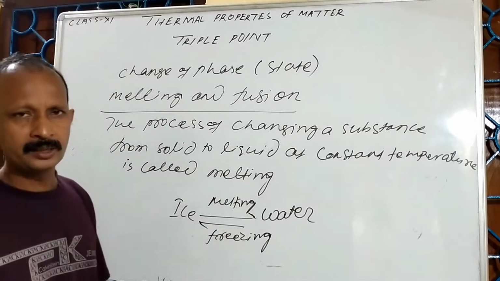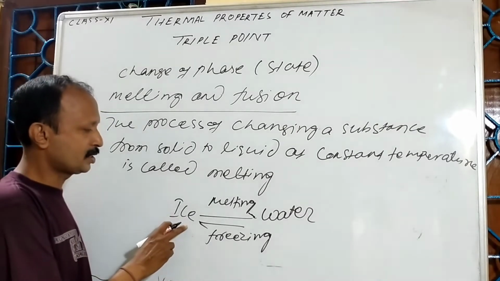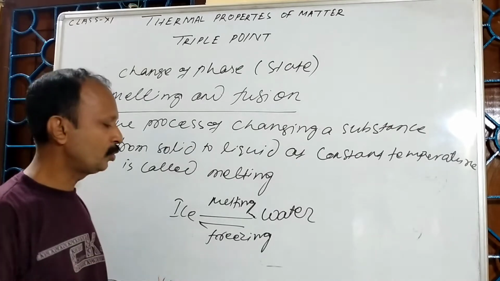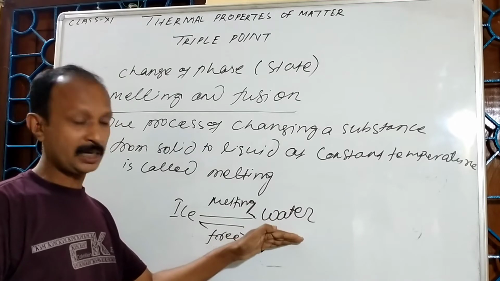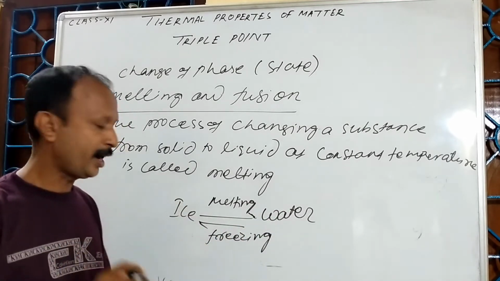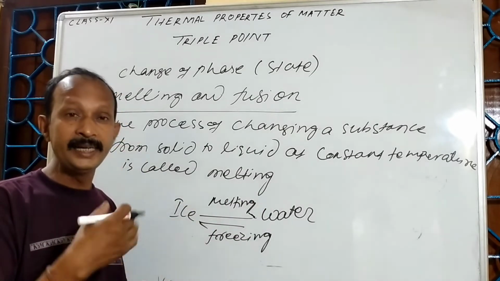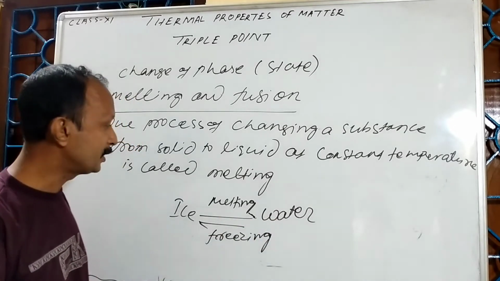So you remember that the amount of heat absorbed by the ice to convert into water is also equal to amount of heat released by water to convert into ice. How much amount of heat is required to convert ice into water? Same amount of heat energy has to be released by the water to convert into ice.